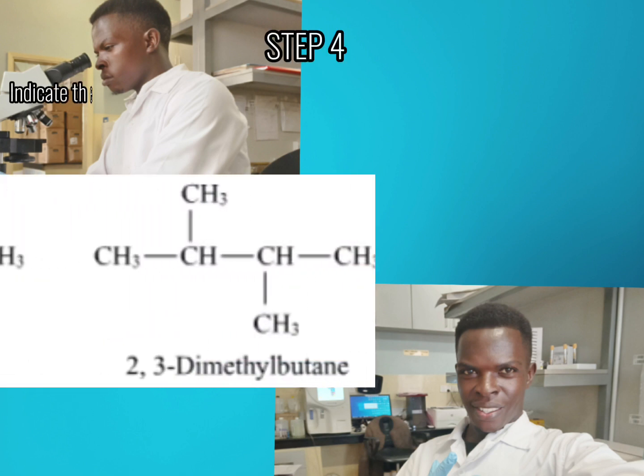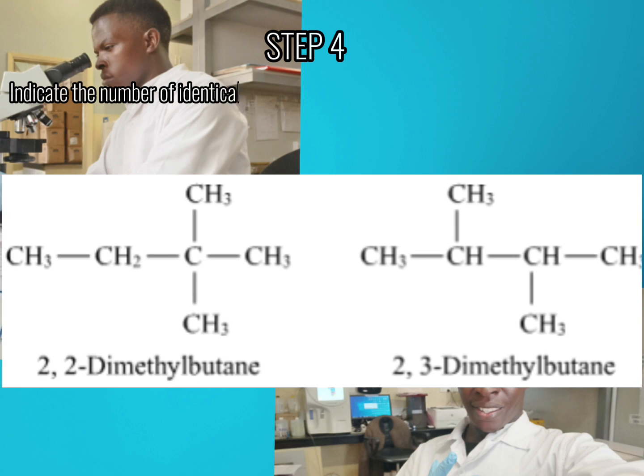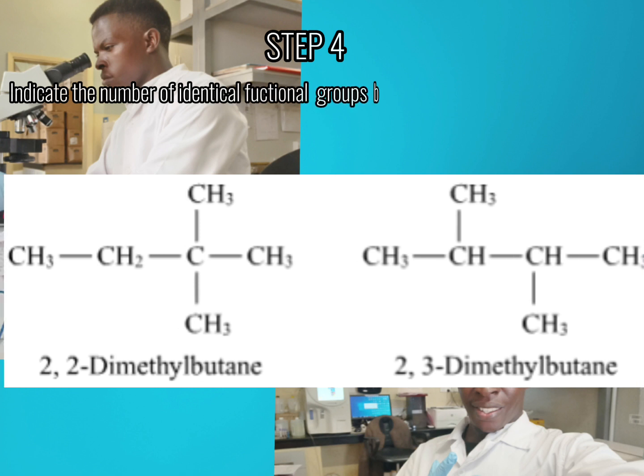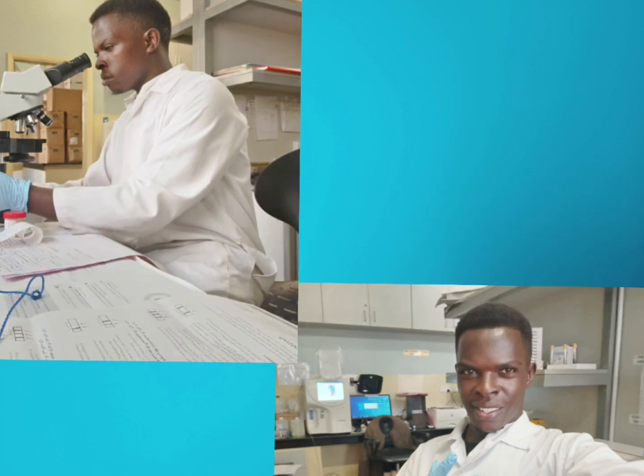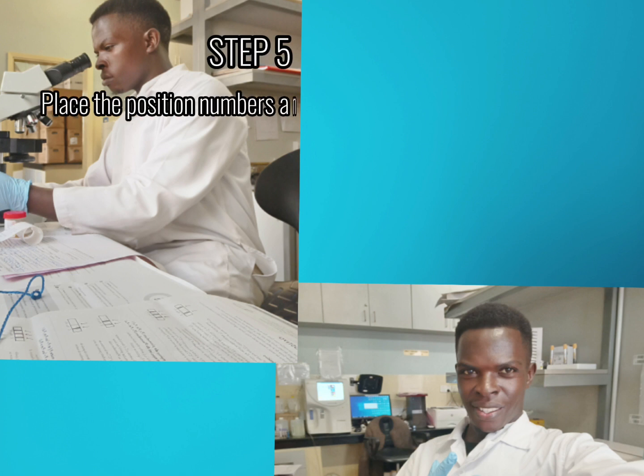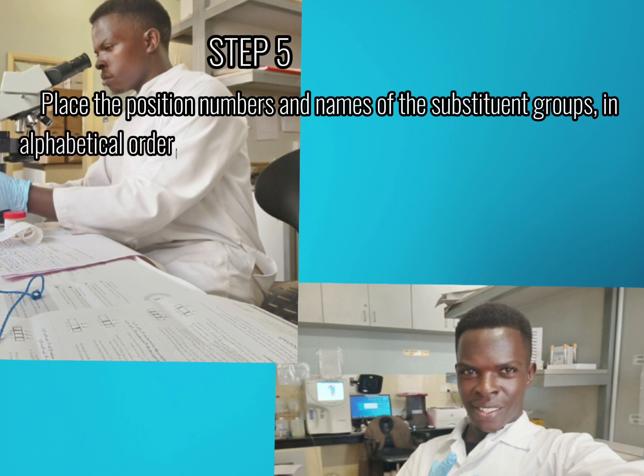Step 4. Indicate the number of identical functional groups by prefixes di, tri, tetra, etc. Step 5. Place the position number and names of the substituent group in alphabetical order before the root name.